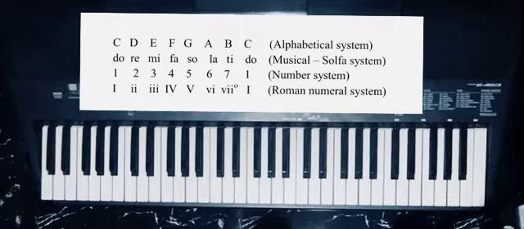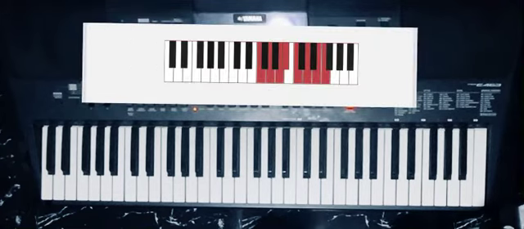We are going to look at these three to find the scale of the key of F using the basic rule that governs the identification of notes that make up the major scale of a key.